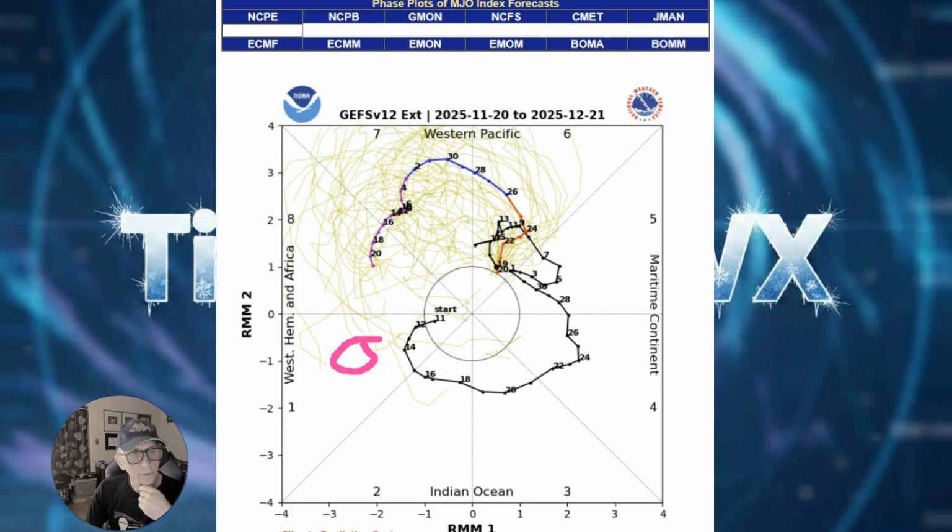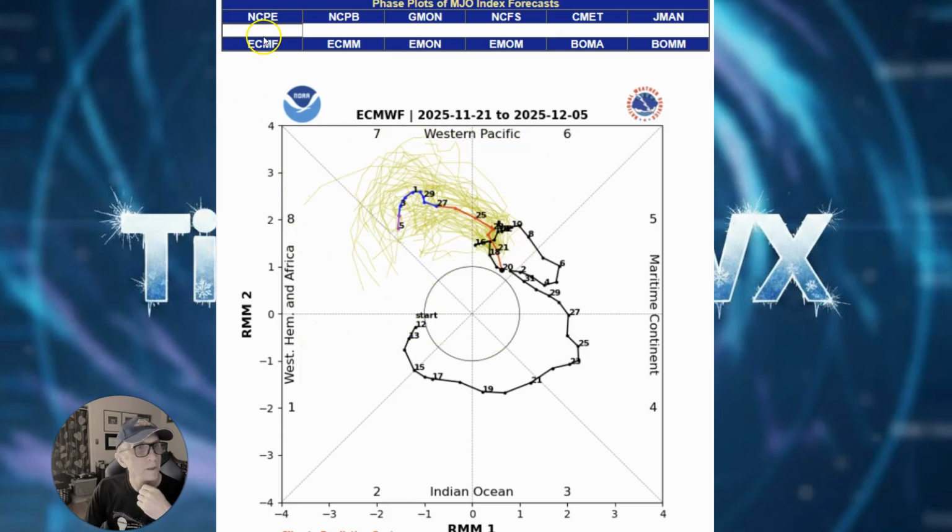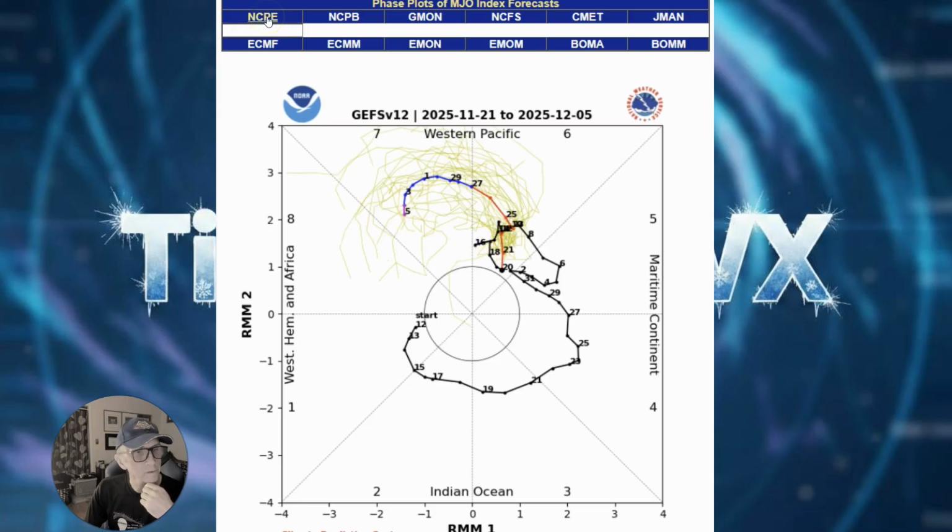So what I'm going to do is go through each MJO forecast here, okay? So NCEP, which is the National Centers for Environmental Prediction, GFS version 12. This is not the extended, this is like a daily run, okay? So this is as of yesterday.